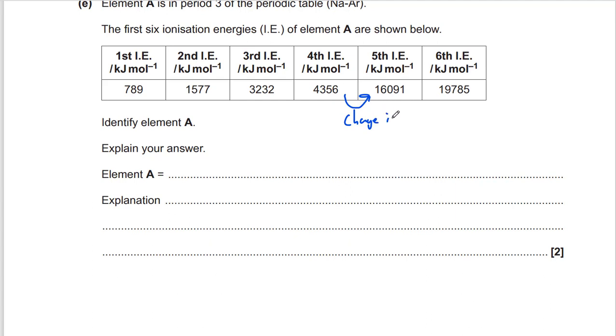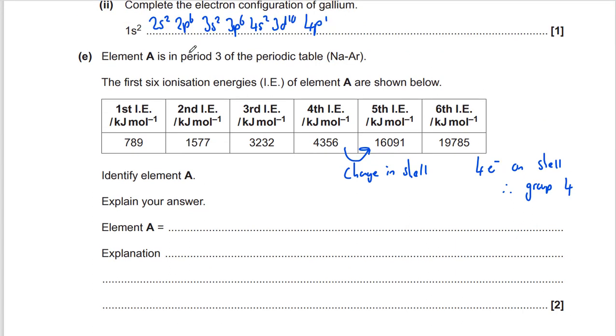If there is a change in shell, that means that the first 4 electrons have been taken out of the same shell. So that means you've got 4 electrons on the outer shell. Therefore, it's probably in group 4 because it's in period 3 of the periodic table. This is a really important point here. It's in period 3, so that's not transition elements.